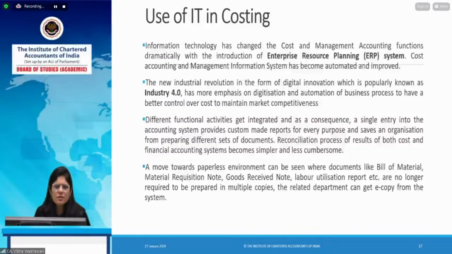Let us move further. Use of IT in costing. All right, let me just have a look. Cost reduction, okay, difference between standard and budget. We'll be understanding all the differences. Wait for a while. We have the concept of standards and budgets and everything. A lot of things we have to do.